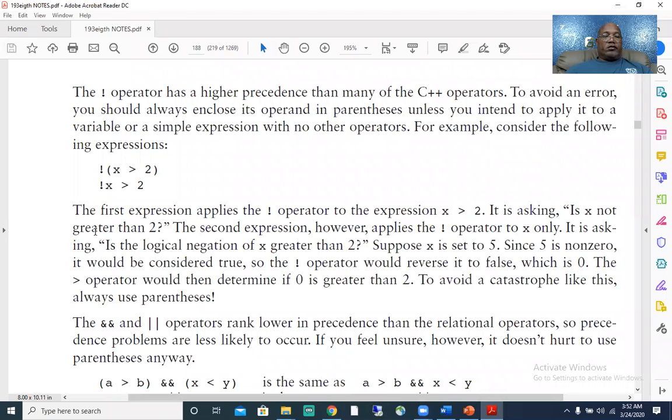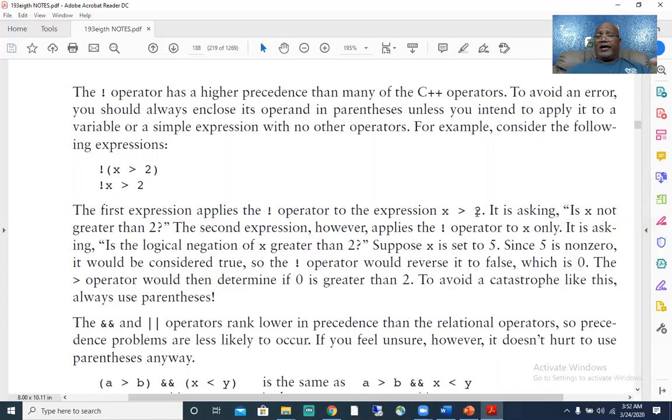So it tells us the first expression, which is this one, was collectively looking at x greater than 2 and taking that result and reversing it to either true or false. It applies the not operator to the expression x greater than 2.